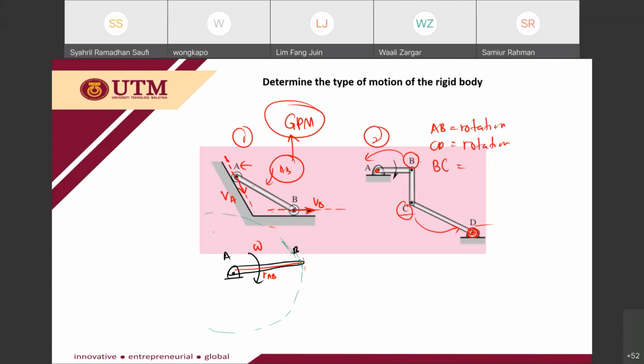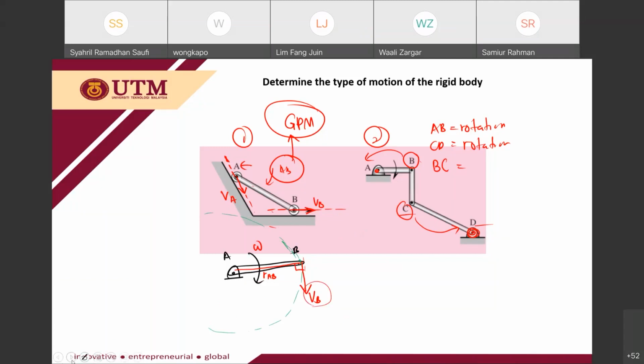So perpendicular to the R and tangent to the path is your VB. Okay, so this is from member AB. B is affected by the motion of member AB. So I know this is my velocity line of point B.